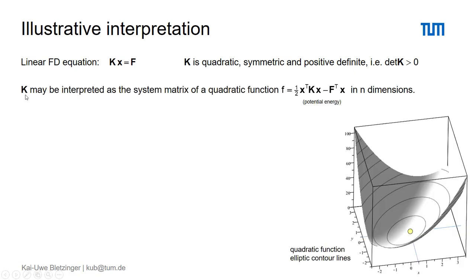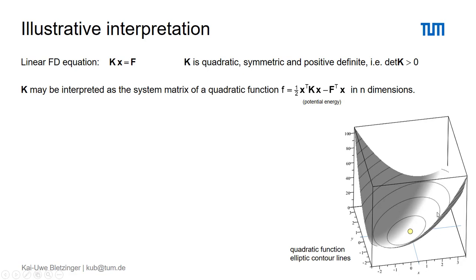Then the stiffness matrix may be interpreted as the system matrix of a quadratic function. Let's call it f here. It's quadratic, obviously, in x, and the linear term just comes together with the load vector. That might be a simple representation of the potential energy, however, in n dimensions. So if you just take 2 dimensions, x and y for instance, then the graph of a quadratic function may look like that.